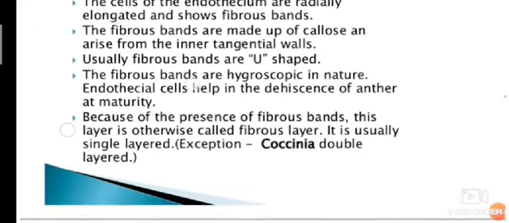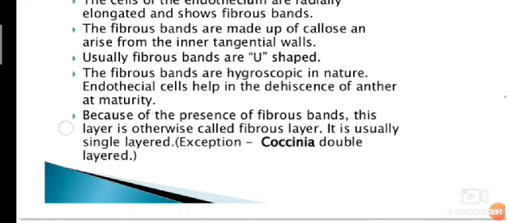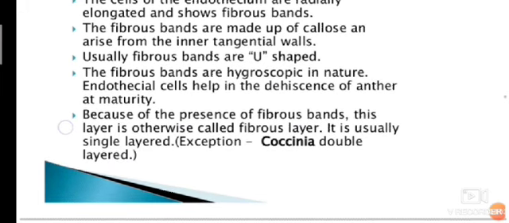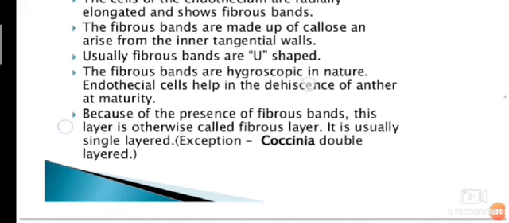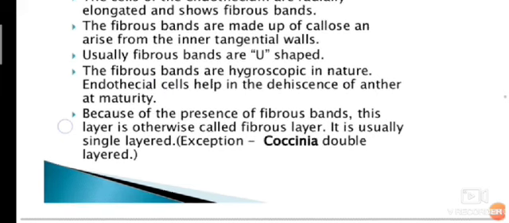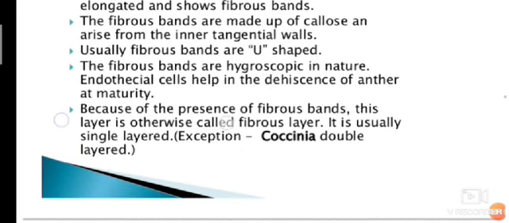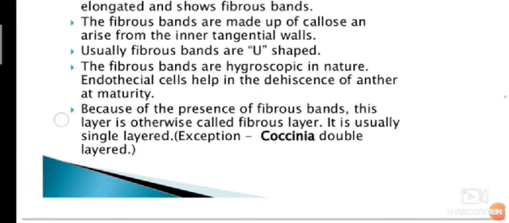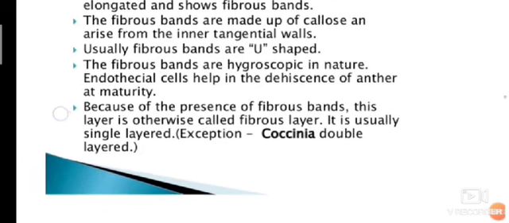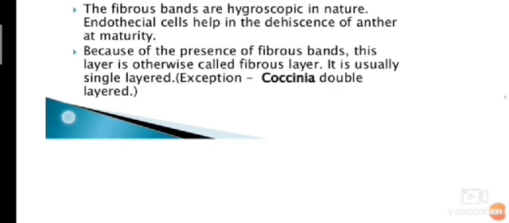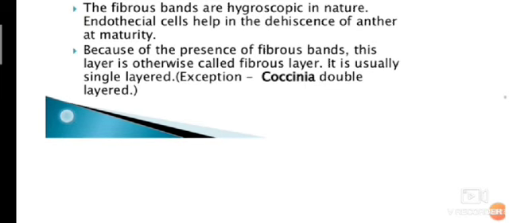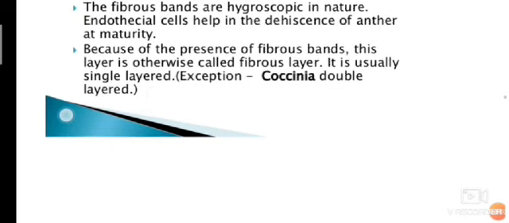The fibrous bands are hygroscopic in nature. Endothecial cells help in the dehiscence of the anther at maturity. Because of the presence of fibrous bands, this layer is otherwise called the fibrous layer. It is usually single layered, with the exception of a double layer in coccinea.